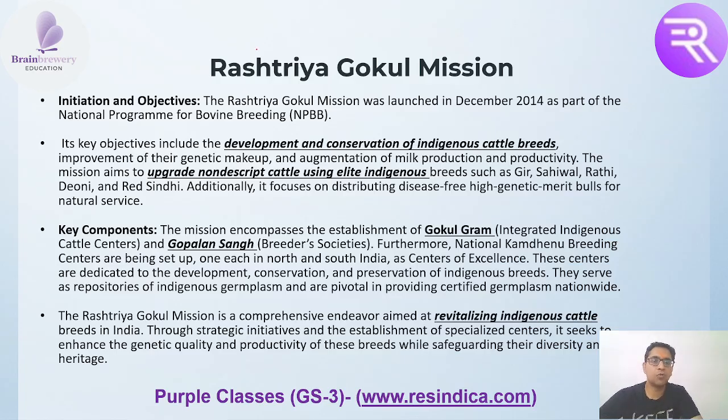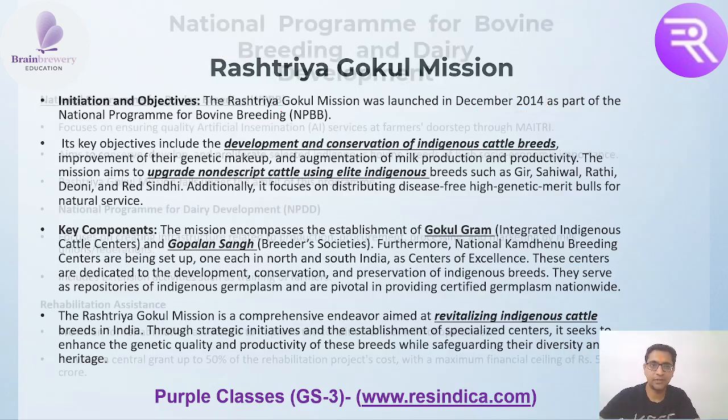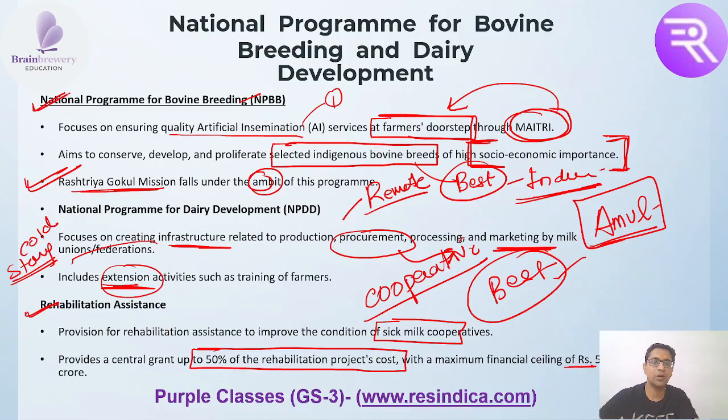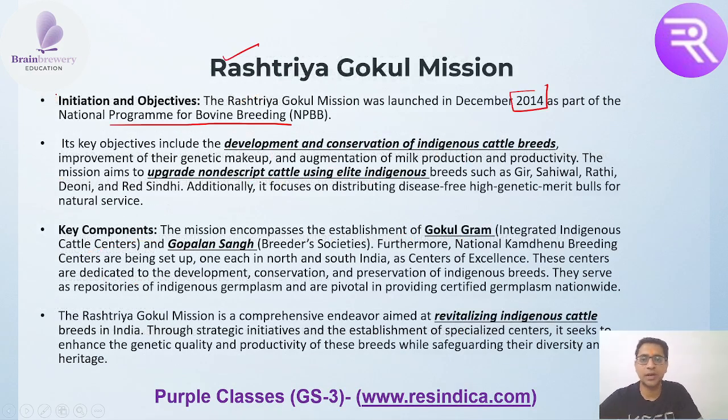Now Rashtriya Gokul Mission. It is a sub scheme, launched in December 2014, and is a part of the National Program for Bovine Breeding, which we have already discussed. So Rashtriya Gokul Mission falls under that. The focus is on conservation of indigenous cattle breeds.